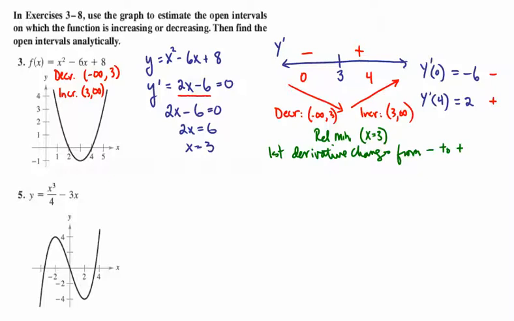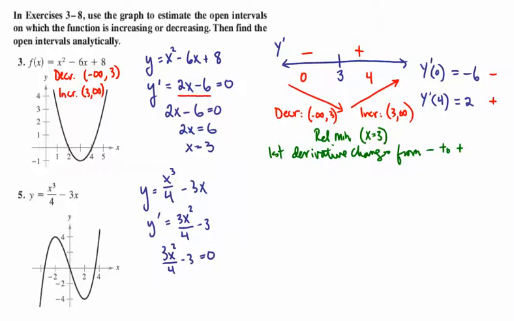The only thing that's going to differ with these is the algebra needed to get to the critical numbers, and then whether different intervals will be positive or negative. So we have y is equal to x to the third over 4 minus 3x. The derivative is 3x squared over 4 minus 3. We set that equal to 0. 3x squared over 4 minus 3 equals 0.